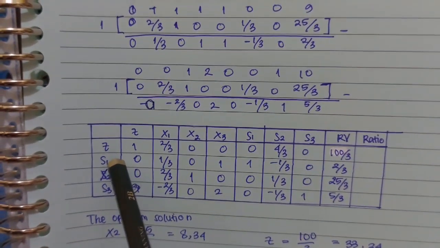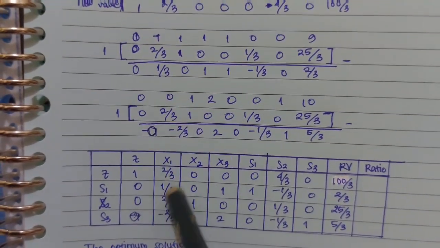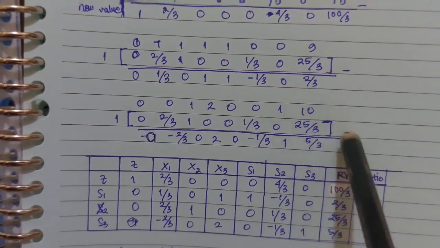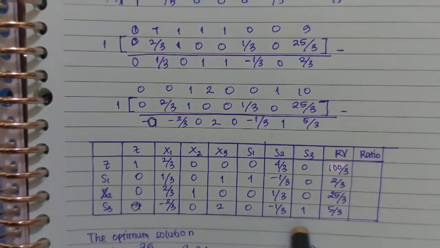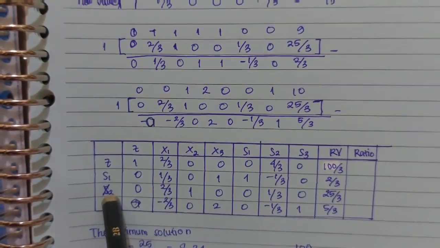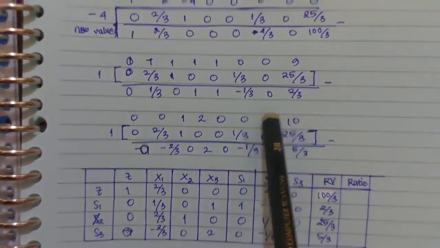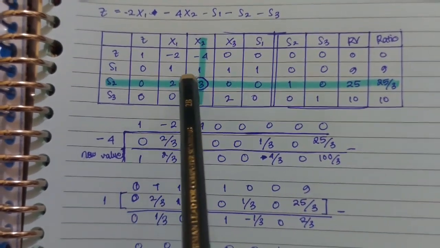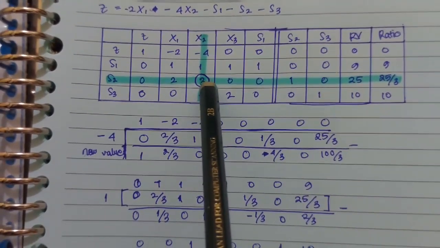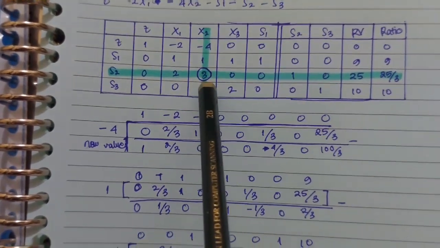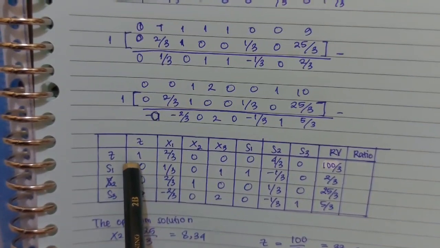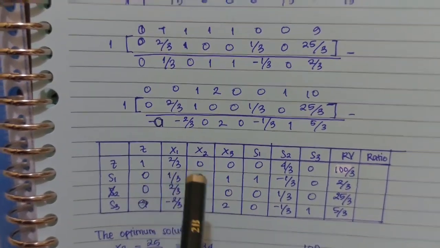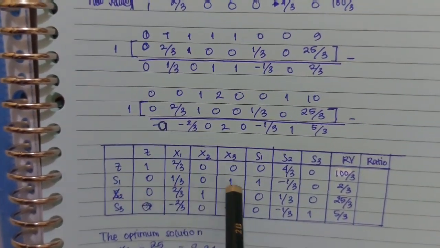And the S1, 0, 1 per 3, 0, 1, 1, minus 1 per 3, 0, 2 per 3, and etc. The x2 is this value because we have calculated from this one. We have multiplied this with this, and 2 with 3, 0 with 3, 3 with 3, and we put the result here, the x2.